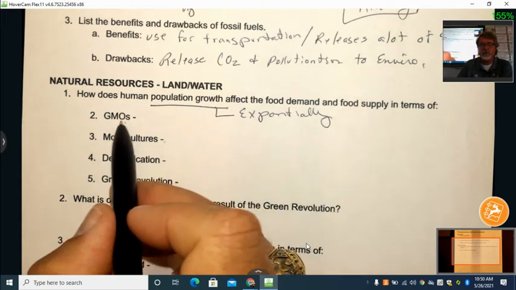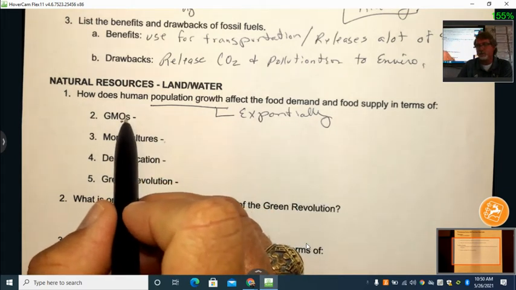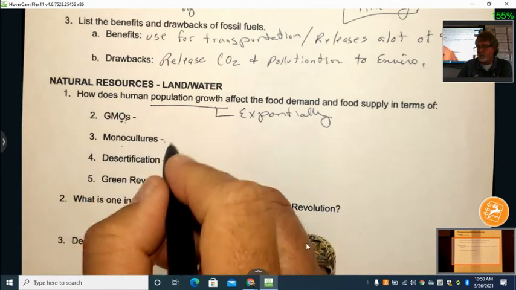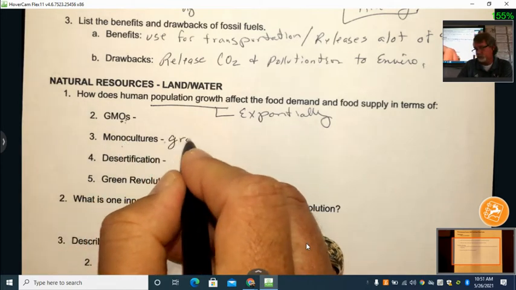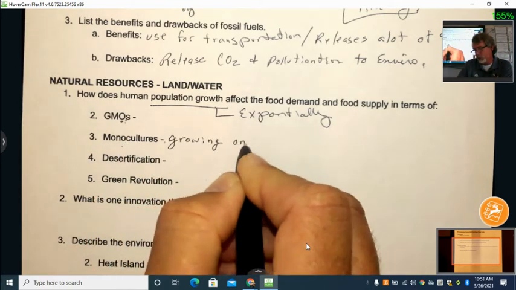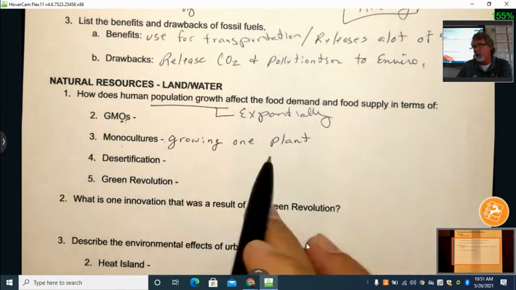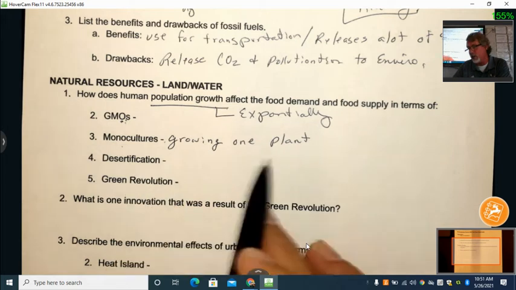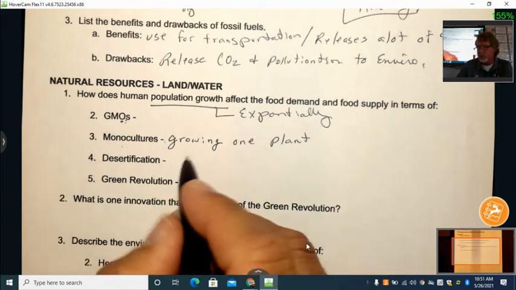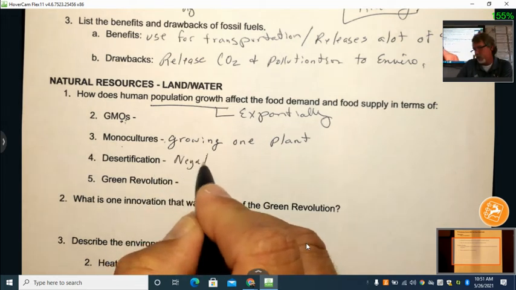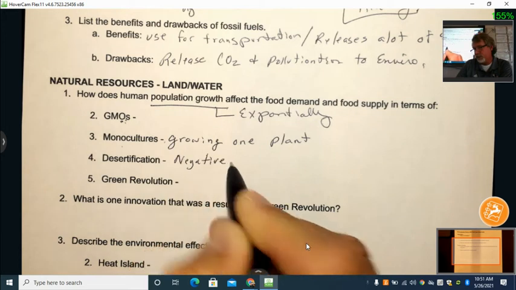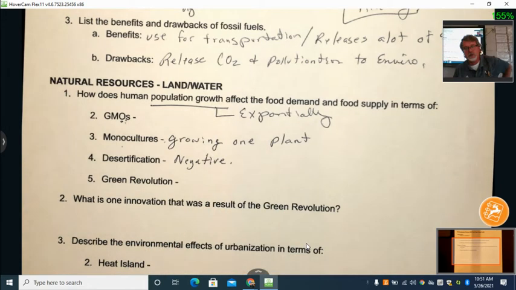Monocultures, GMOs, genetically modified organisms. Monocultures is growing one plant. That's how we farm today. You know, we're growing all onions or all corn or all whatever out there. Desertification, this is a negative. I should have taken a picture for you guys last night out on number 1 highway. There's 2 big old fields.